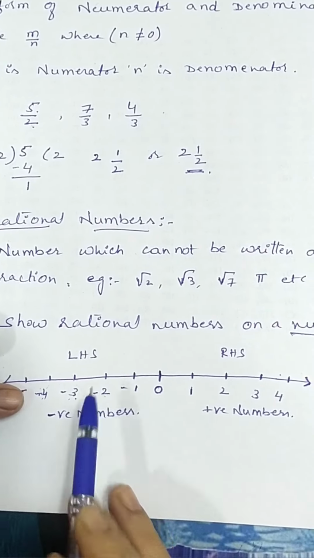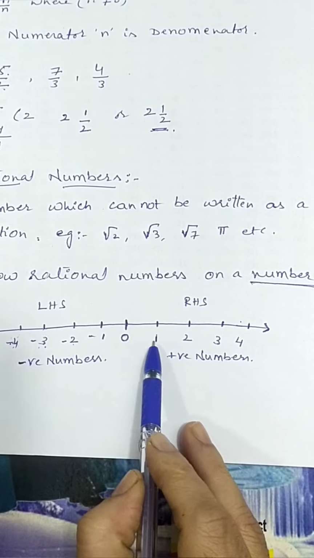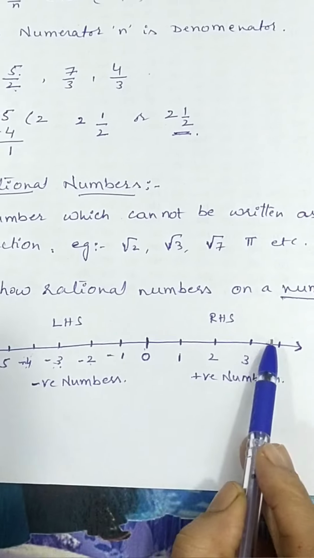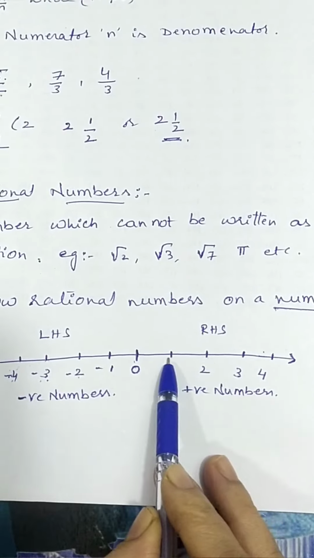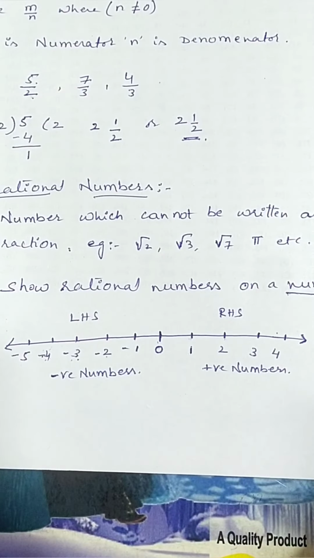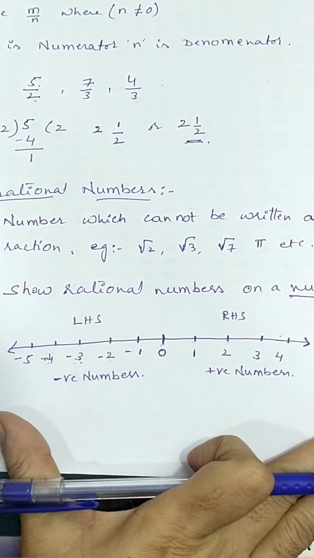As we move from 0 to 1, the value of 1 is greater than 0. As you move towards the right hand side, the value of 2 is greater than 1. As you move towards the left hand side, the value will be decreasing. So this is called a number line. I hope you understand.